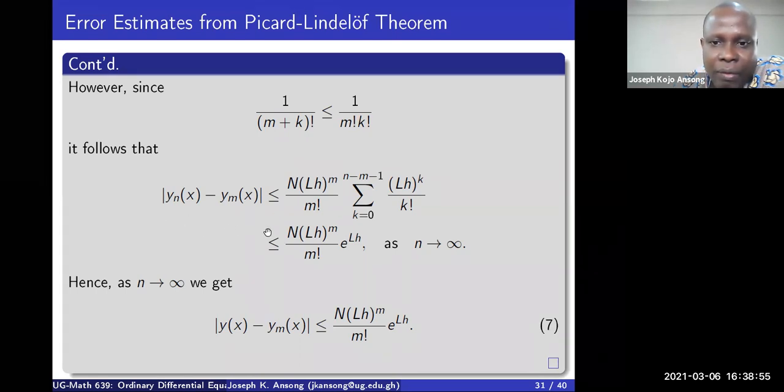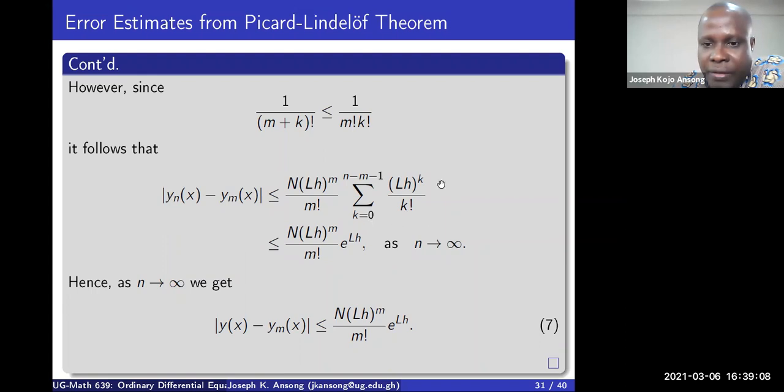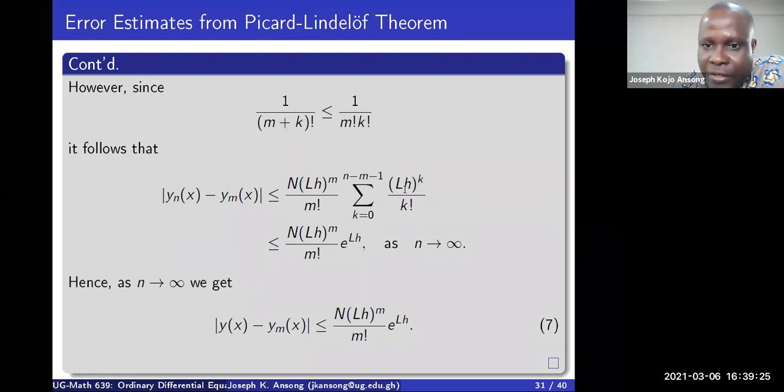When we plug it in, the absolute value of the difference here should be less than or equal to this quantity, where I pull the m factorial out, and now we are summing over k's given by this. Good. Note that if the upper limit of the sum here is infinity, then of course k from 0 to infinity will just give us the exponential of LH, right?